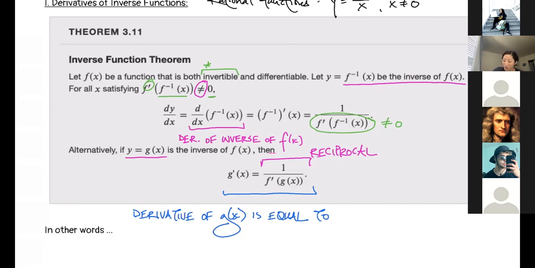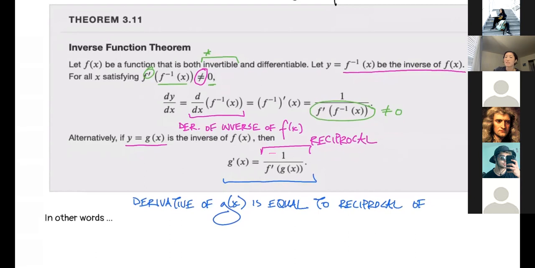But really, when we have 1 over something, we're thinking about that as a reciprocal, right? So the derivative of g of x is equal to the reciprocal of what? What is it the reciprocal of?